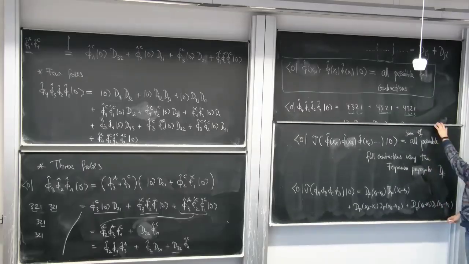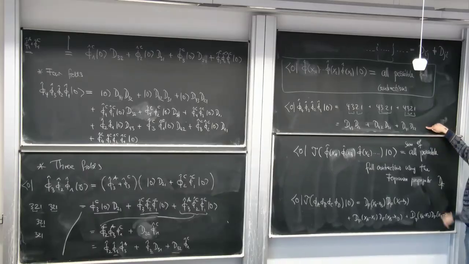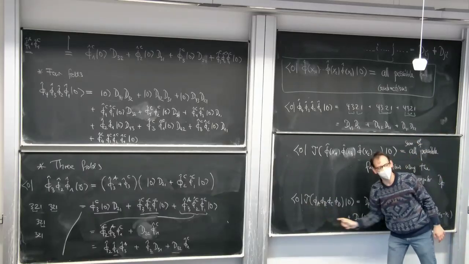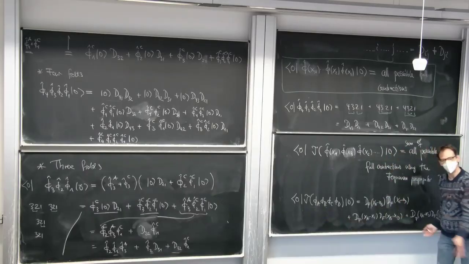So it's the same formula as before, just if you have the time ordering in your big correlation function, you have to have the time ordering in all the 2-point functions.